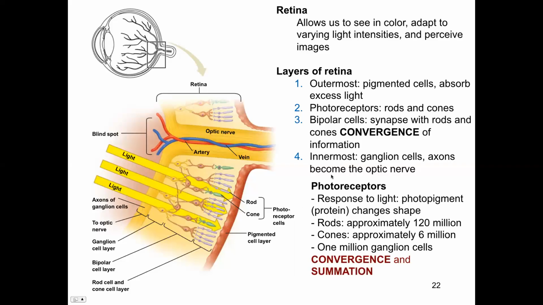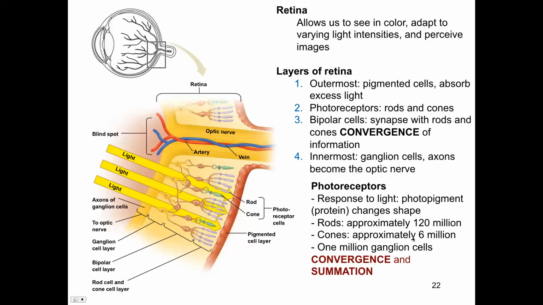So let's go through this. The innermost is the ganglion, which becomes the optic nerve. The photoreceptors are going to respond to the light. They have pigments in them. These pigments are proteins that change shape depending on whether they're stimulated or not. We have about 120 million rods, which detect just light, but not color.